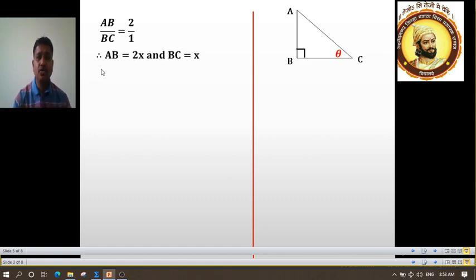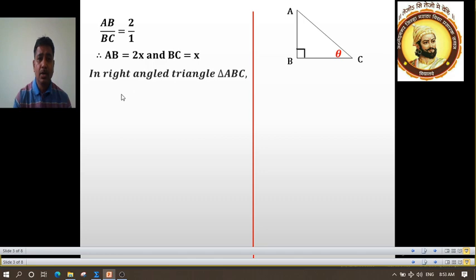So AB is equal to 2x and BC is equal to x. Now see here, in right angle triangle ABC, we know two sides. Now we can obtain the third side by using Pythagoras theorem.